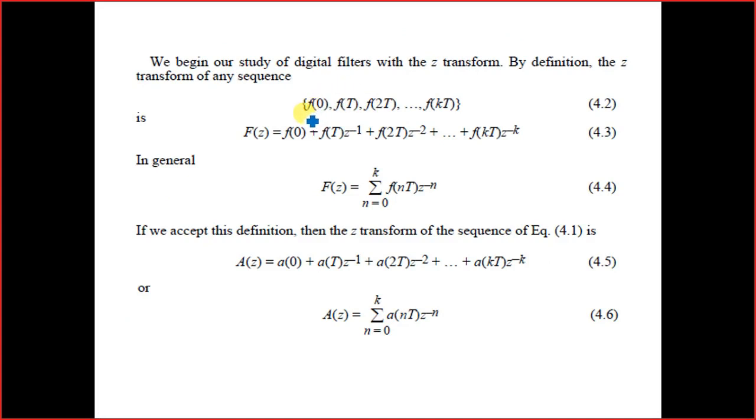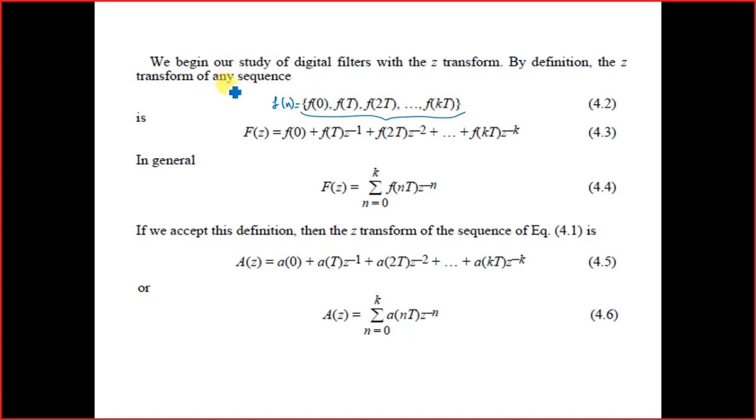We get a sequence of numbers. Let us name this signal Fn. So Fn equals F0, F of T, F of 2T, up to F of kT, right?